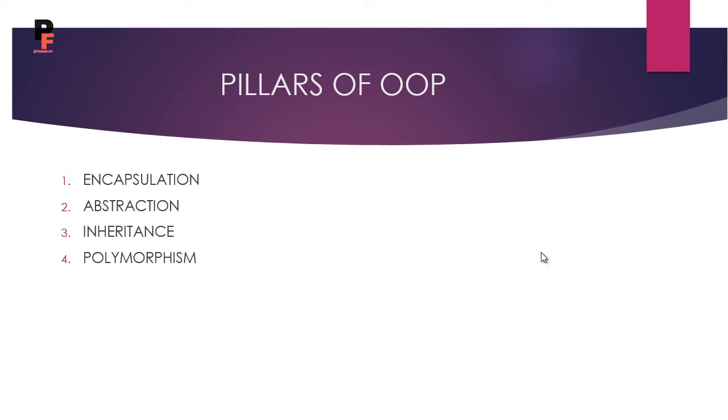Before I talk about these terms, encapsulation, abstraction, inheritance and polymorphism, you should know what a class and an object are. Before I further elaborate these pillars, I want to give you an overview of some common terminologies used in object-oriented programming. Like class. In a class, basically we write code which describes the capability of what an object of that class can do.